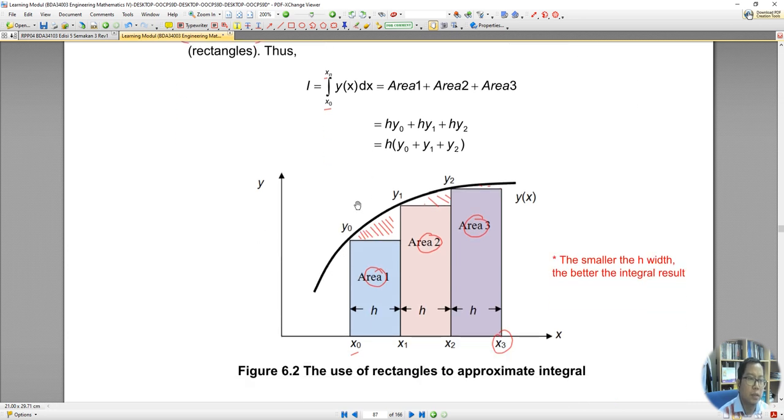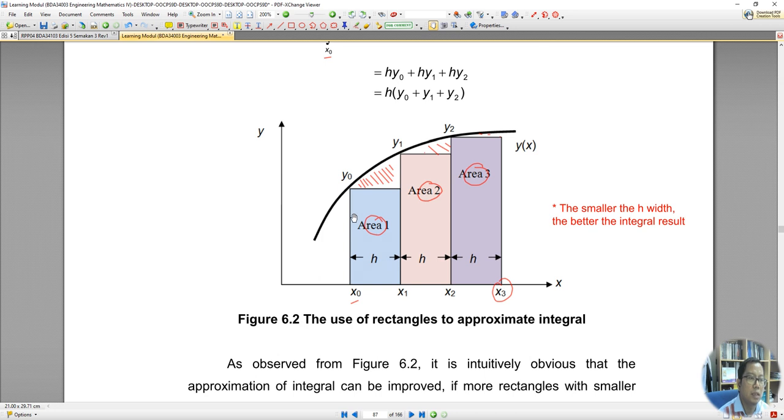In this case, the basic idea is we divide it into several sections. It is still the area under the curve, but we divide it into several sections: we denote them as area 1, area 2, and area 3.